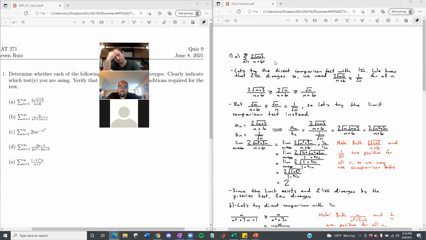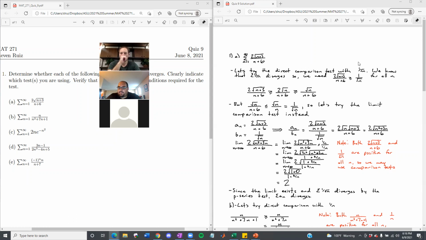So hopefully you have this sense that as n gets really large, this sequence is going to more closely resemble 2 over radical n. And if 1 over radical n converges, then so will its double. So might as well just compare it to 1 over radical n, but 2 over radical n would get you the same conclusion.